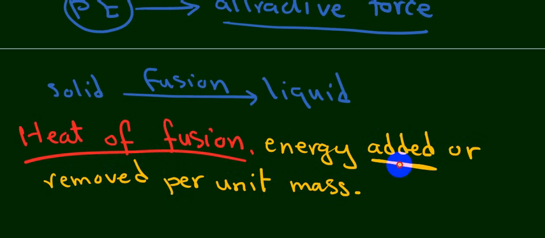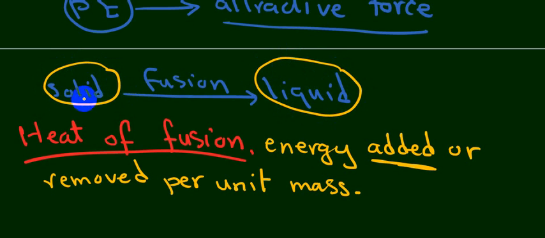Here energy is added when the substance changes from solid into a liquid. So to change a substance from solid state to a liquid state, you should add energy. If you need to change from a liquid state to a solid state, energy is removed. So this is the heat of fusion.